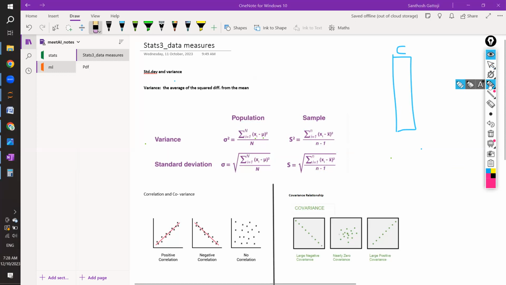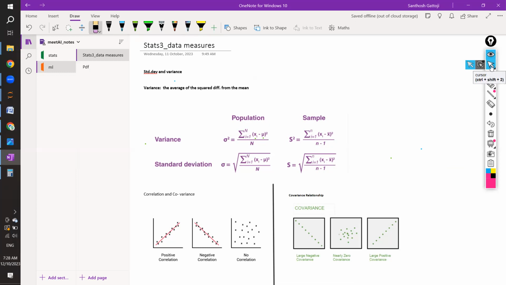Now there is one important concept I would like to mention over here, just to correlate with a few earlier concepts. Standard deviation, as you can see, uses the mean.